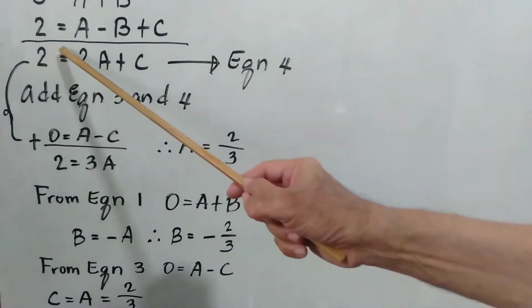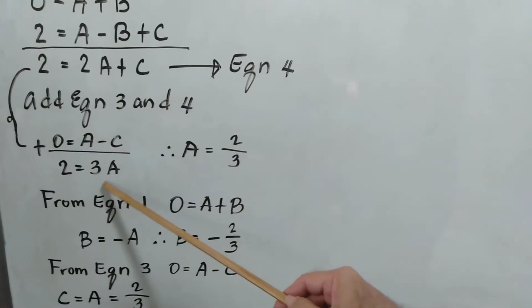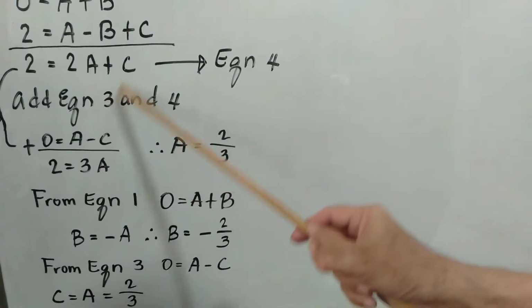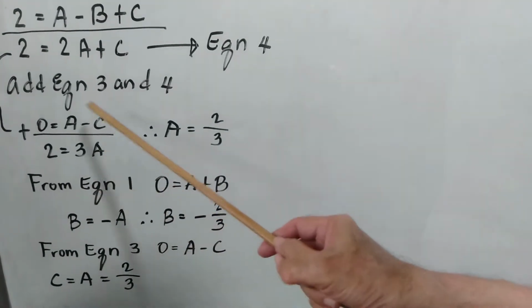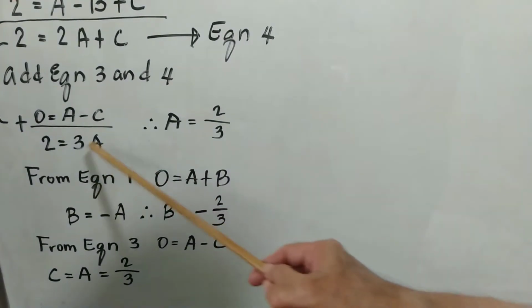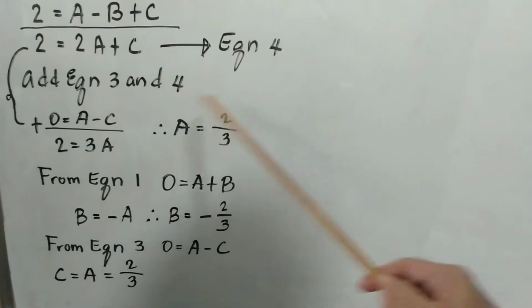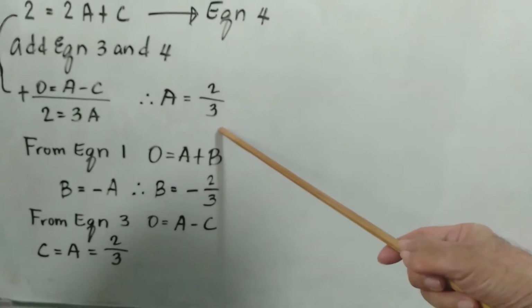When we add these two equations here, we're going to get 2 is equal to 3A. C plus negative C is 0. So 2 is equal to 3A. Now we divide both sides of the equation by 3. Therefore, the value for A is equal to 2/3.